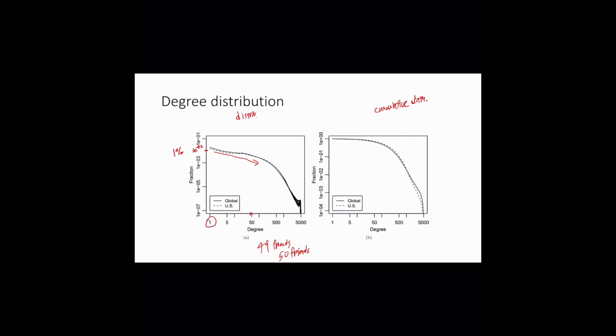The y value at degree k, let's say 5, measures the fraction of users who have degree k or higher. So at k equals 5, the cumulative distribution value is close to 100, which means that the majority of users have a degree of 5 or greater.